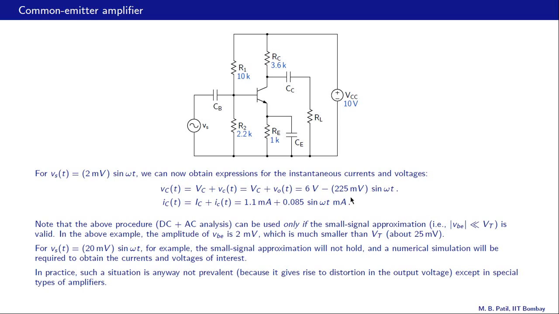So let's remember that number when we look at the simulation results. We will verify whether that is what we see. The collector current has a DC component of 1.1 milliampere, and its peak to peak variation is 0.085 times 2 or 0.17 milliampere.